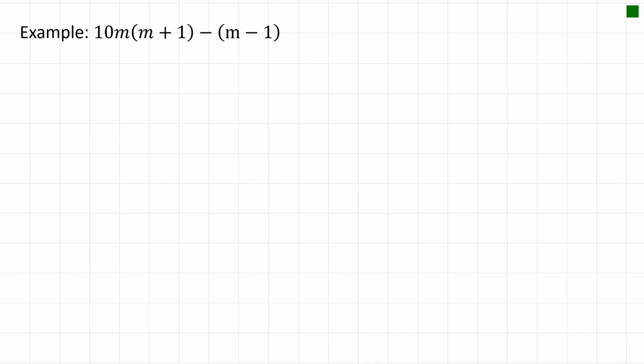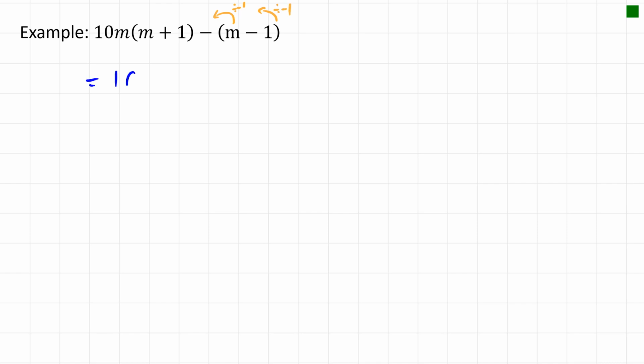Now can we do the same thing with this example? So I have 10m times m plus 1 minus m minus 1. Well, those two brackets sort of look like opposites of each other. What would happen if I factored out that negative 1? So I pull negative 1 off of each term.